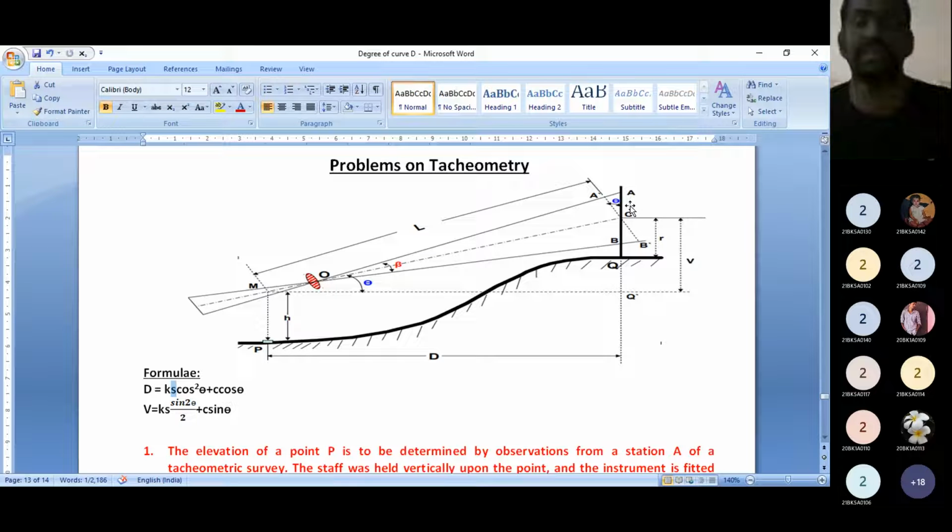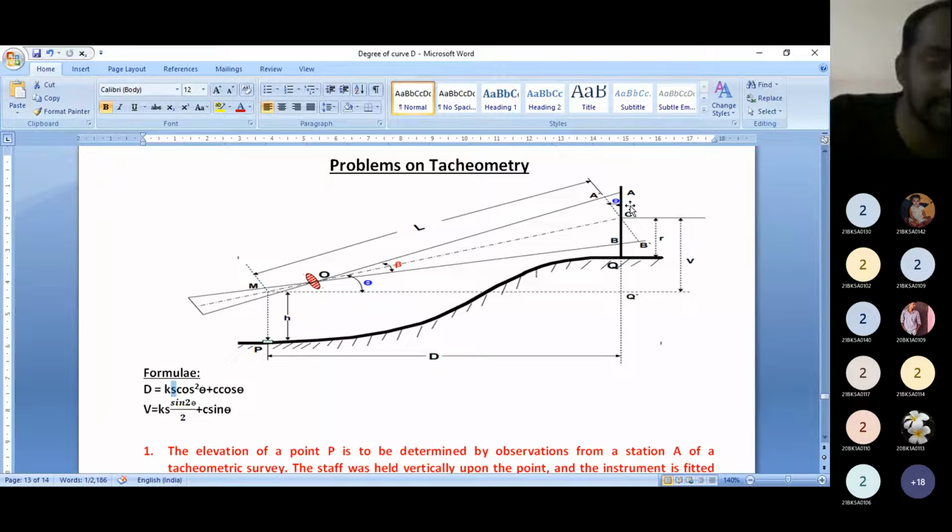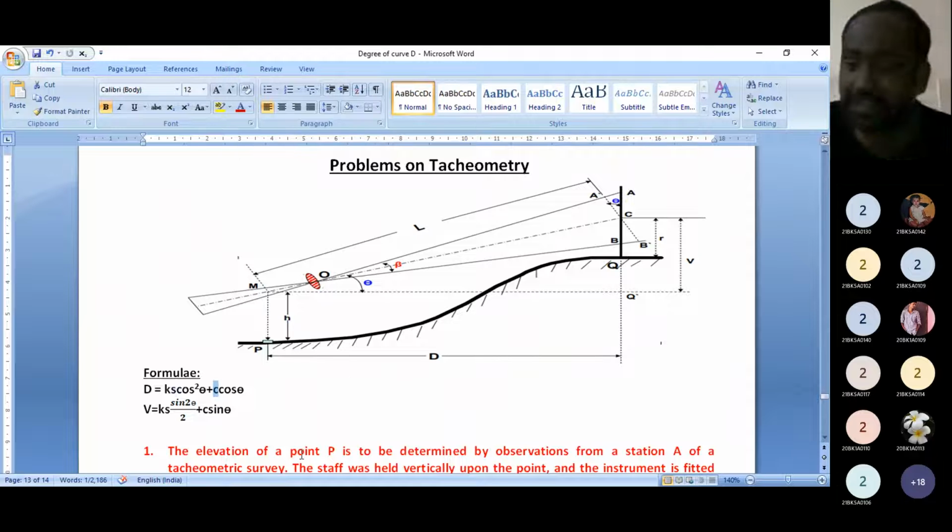And theta is the vertical angle, which we take from the instrument to the object. And what is C here? C is nothing but the additive constant of the instrument. Remember that always the additive constant of the instrument, C value, will be equal to 0.